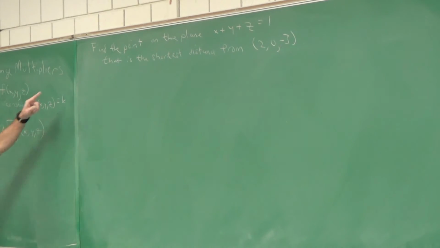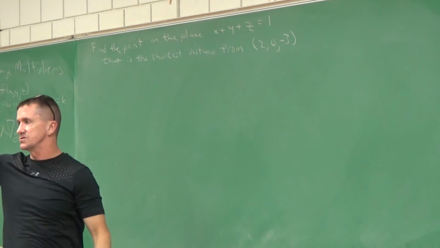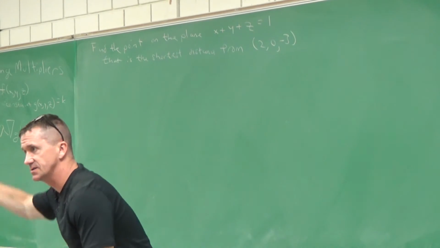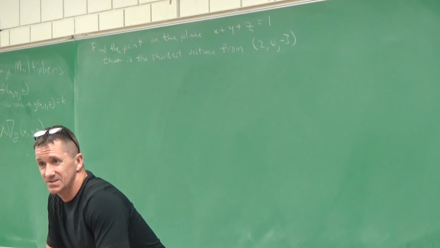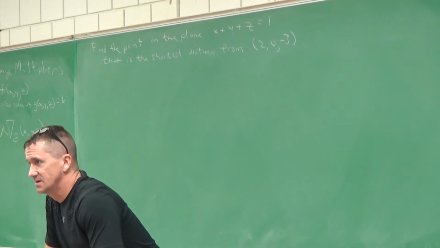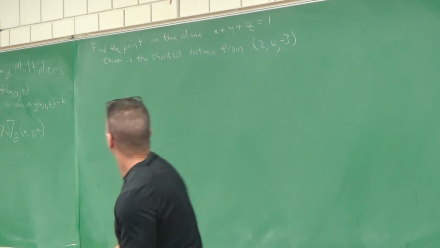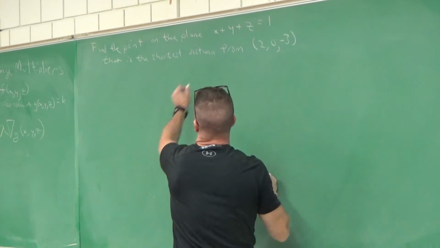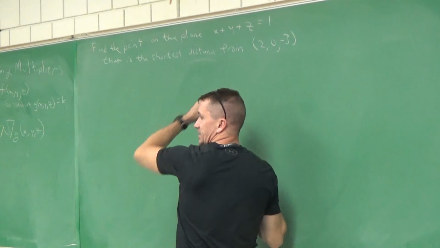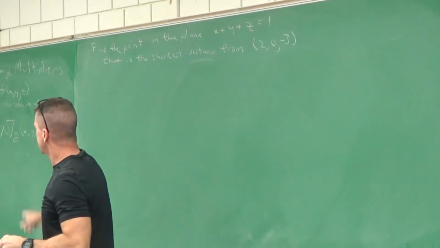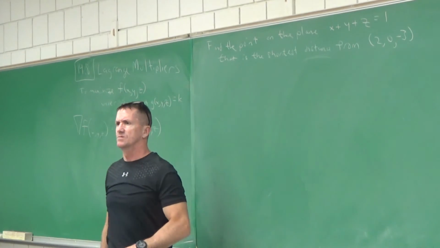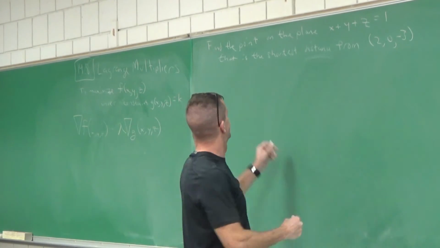Could I have used section 14.7 to solve this problem? Absolutely, I want to point that out, from the last section. We just need to know the distance formula to get this started. Do you all agree? Find a point on a plane that is the shortest distance from this point. Don't we need the distance equation? That's the function we're trying to minimize. What's the distance formula in three-dimensional space?